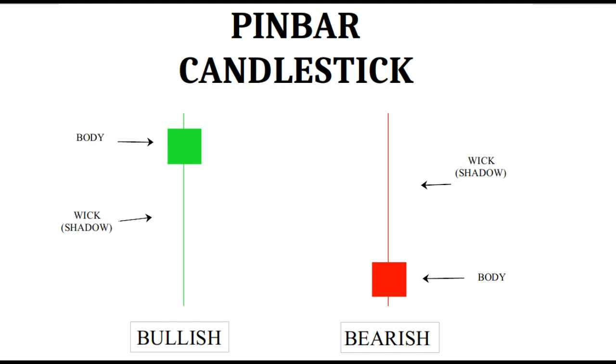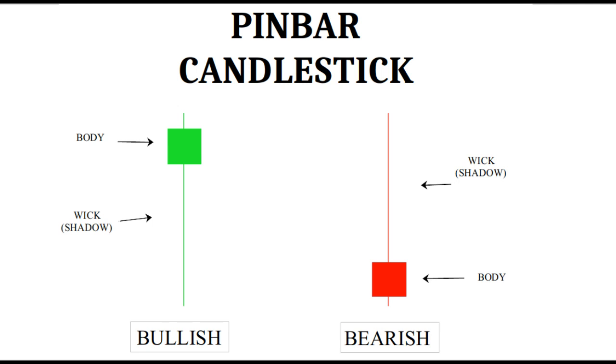4. Pin bar candlestick. Pin bar candlestick or reversal pattern. Pin bars show rejection in the market at a particular time frame. Just like the doji candle, pin bar candles have long wicks and small bodies, but unlike the doji candlestick, it shows actual direction. The bullish pin bar has a long wick to the downside with a small body at the top. The bearish pin bar has a long wick to the upside with a small body at the bottom.